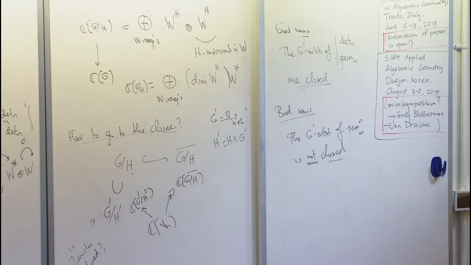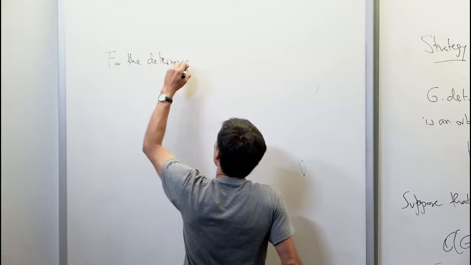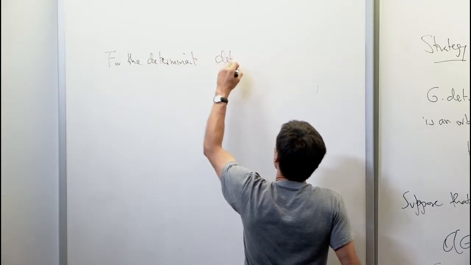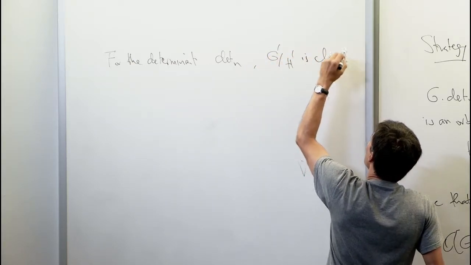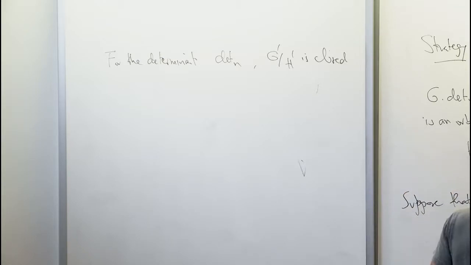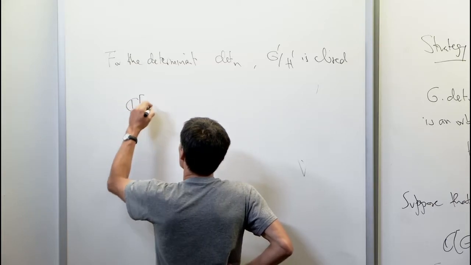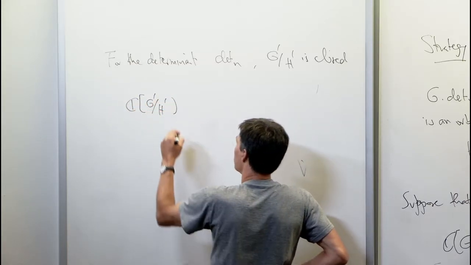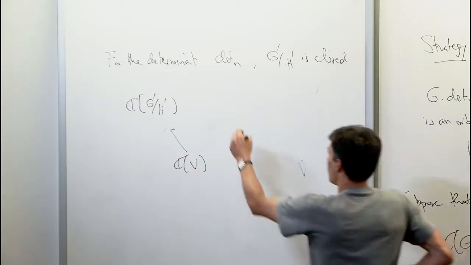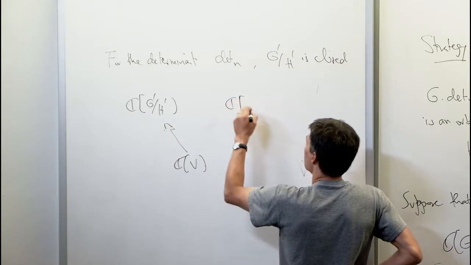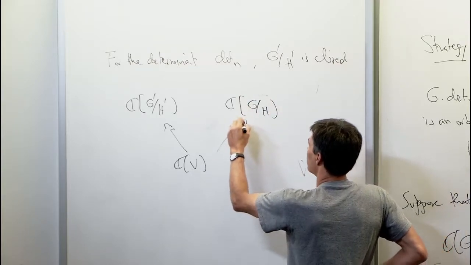Okay, so for the determinant, the orbit is closed, so G prime or H prime is closed. And so again we have this map, which will be surjective, and the other one, the orbit closure G, which will also be surjective.